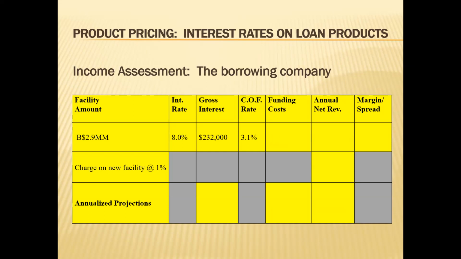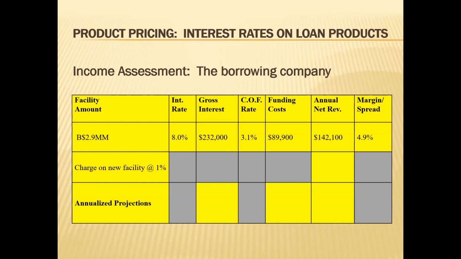So 3.1% of 2.9 million, again, is 89,900. The annual revenue, we get by subtracting funding costs, 89,900, from 232,000. That gives us 142,100. And to get the margin or spread, we subtract the cost of funds rate, COF rate, from the interest rate being charged by the bank, and that gives us 4.9%.